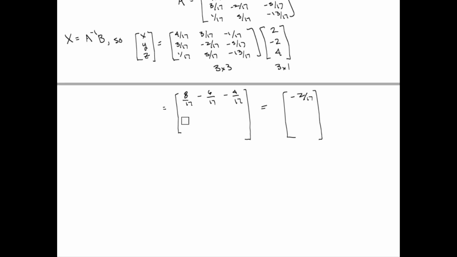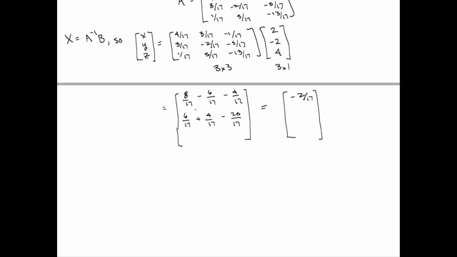Now we move to the next one. Multiply the second row times the column, so that'll give me 6/17, multiplying the 3/17 times the 2, and then 4/17, and then 20/17.